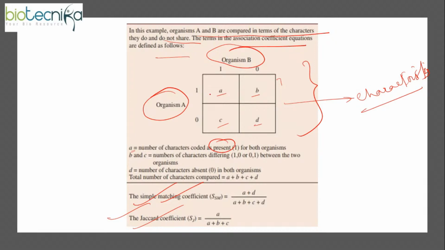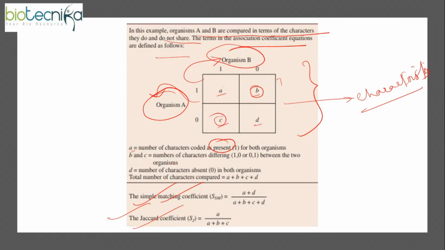That means when I say 1, that character is present. I just now told that, right? 1 means present, 0 means absent. So can you see here, this A character is present for organism A and it is also present for organism B, right?